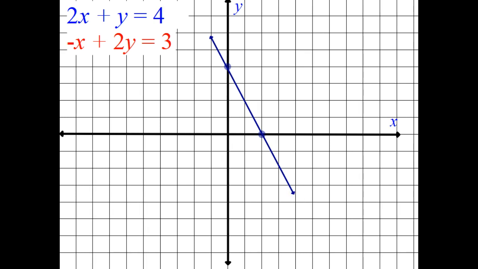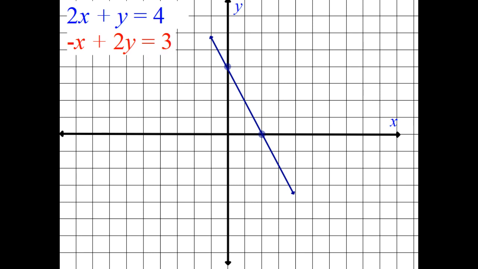Now let's try the other one, the red one. This one I'm not going to use intercepts, because if 2y is equal to 3 and I divide, I'm going to get a decimal, and I don't really want a decimal there.